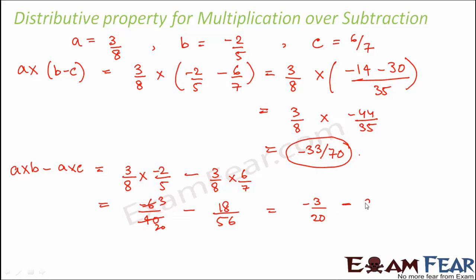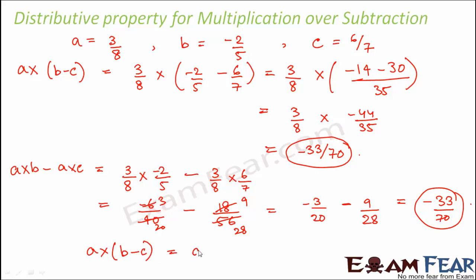This minus 9 divided by 28, because 2 9s are 18 and 2 into 28 is 56. So that's how we get this, and this comes out to be minus 33 by 70 again. So here also both the sides are equal. So we can say a into b minus c is equal to a into b minus a into c.